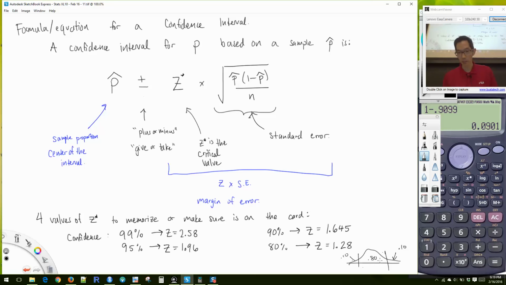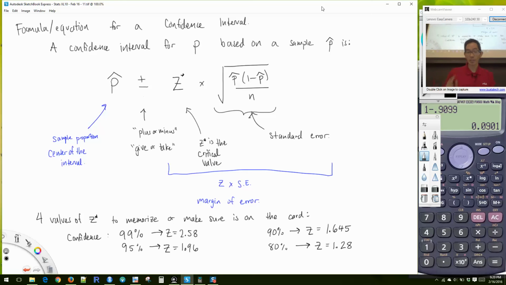But the table always gives you the area to the left, so it reports the 80% plus this left-hand 10%, and that's why it will say 90% in the table, but you don't have to worry about that. Let me just delete that before some of you get confused.